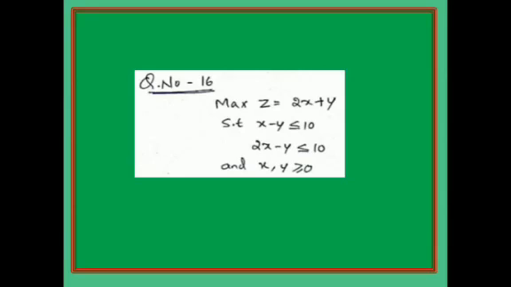Once a minus sign is there, here you can observe x minus y and then 2x minus y, you may have to be extra cautious while taking the sets of values, or while plotting the values in the graph. In any step, you have to be extra cautious when it's a combination of positive sign and negative sign in the given problem. Let us see how it can be performed.